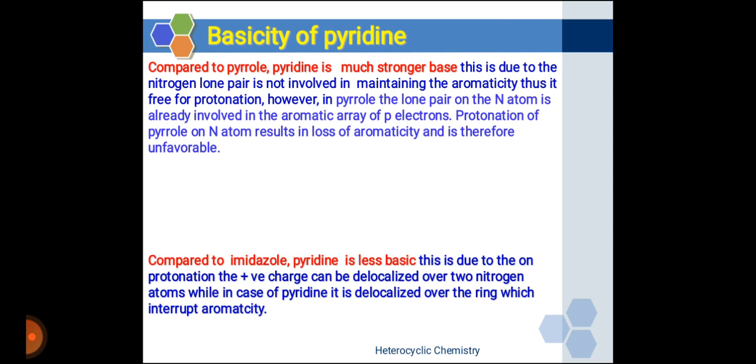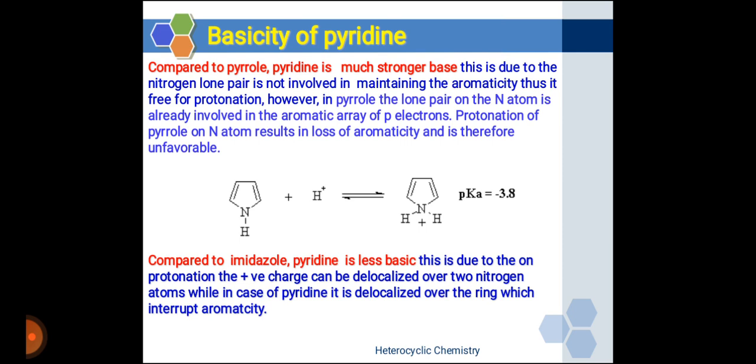Here I have given the example: pyrrole reacts with a proton to form N-H and H plus. Here the pKa value is 3.8. So pyrrole is a weak base and pyridine is the stronger base.